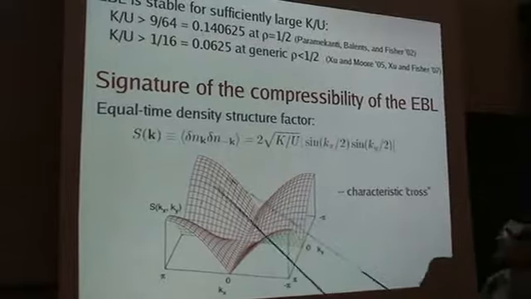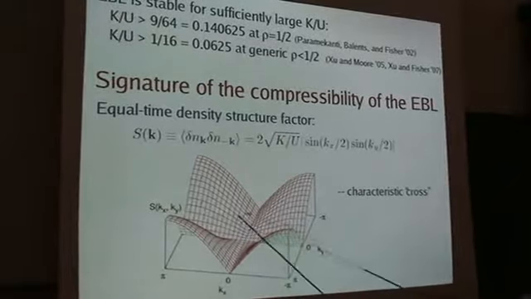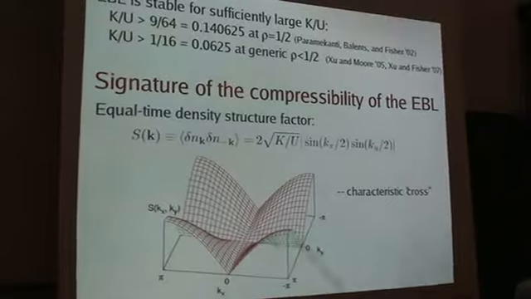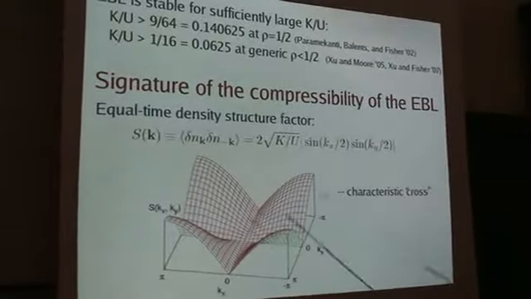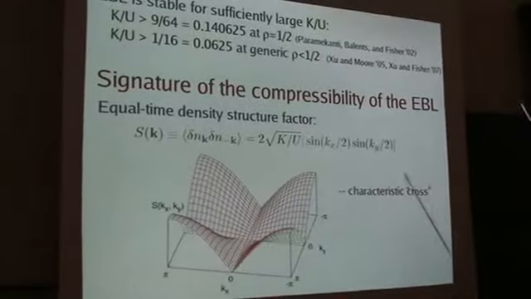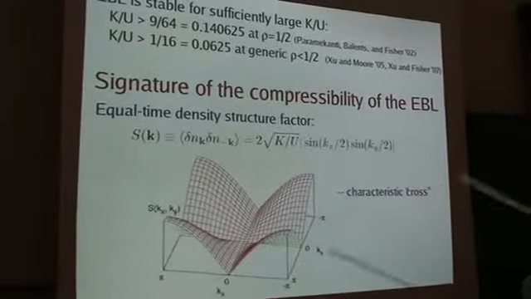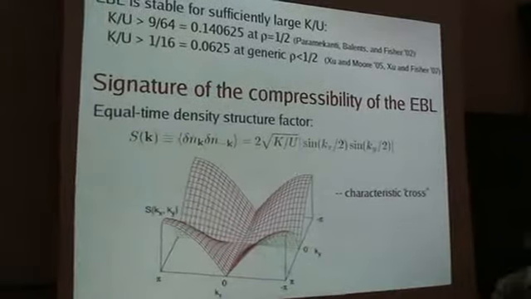At any fixed ky, this structure factor has a V-shaped singularity as you go across kx equal to 0, and this V shape opens up as you approach the origin.